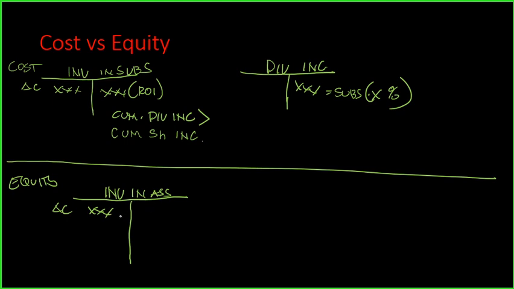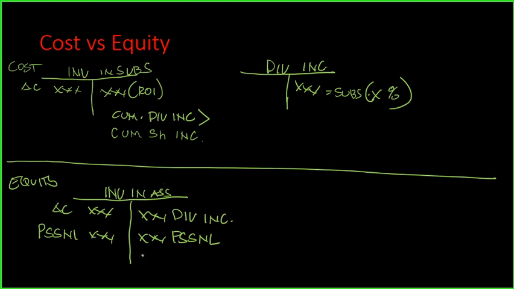This will be increased by the parent's share in the subsidiary's net income, or decreased by the parent's share in subsidiary's net loss. If there are dividends received, that will be treated as a reduction. That's your dividend income right there, but you don't record that as credit to dividend income. Instead, credit to investment in associates.